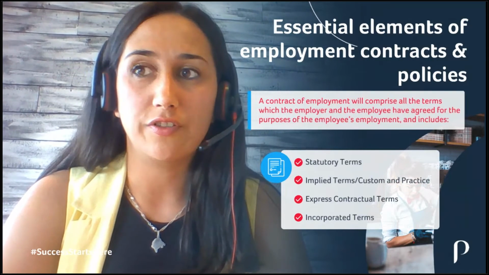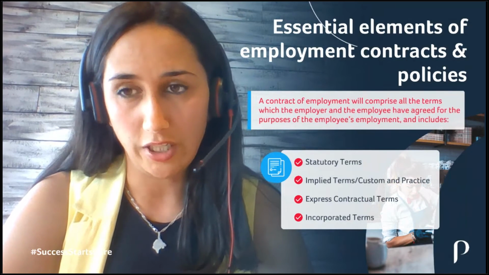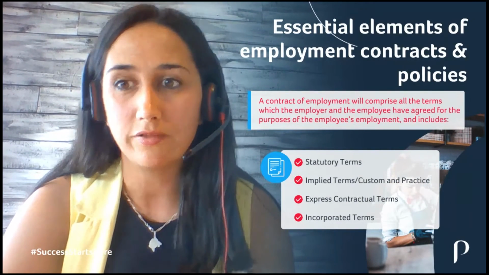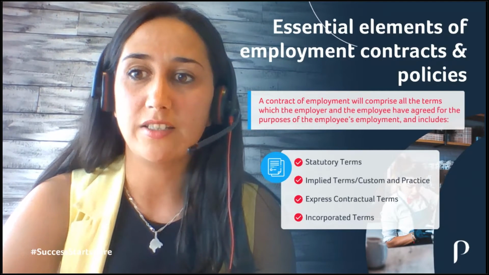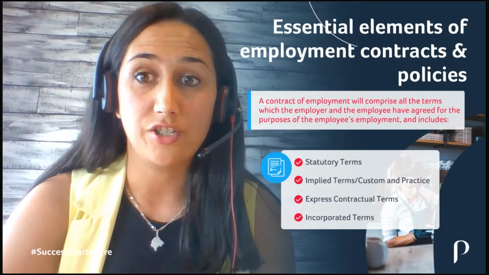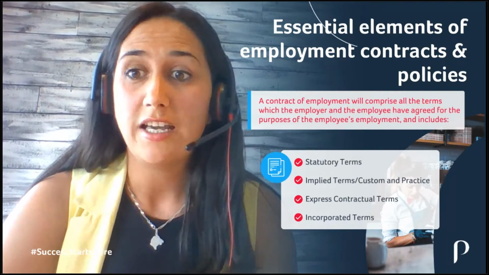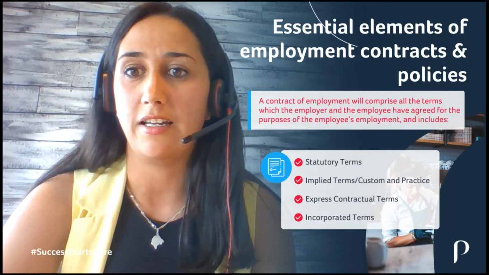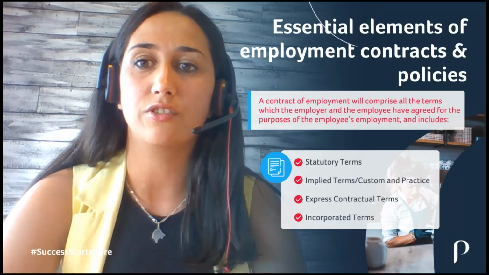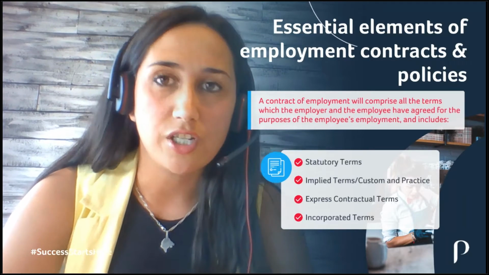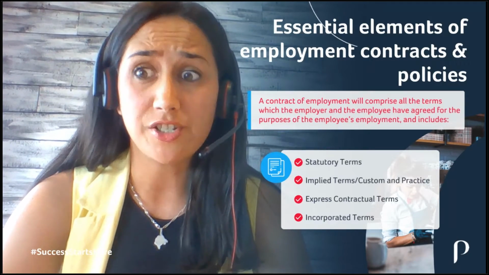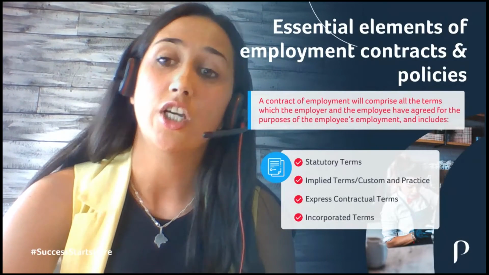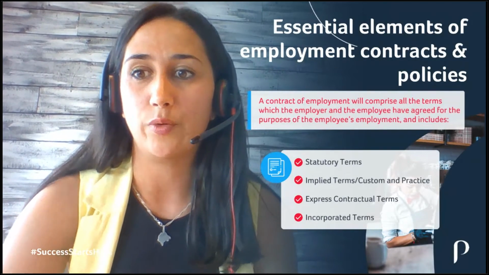These range from the full names of the employer and employee, the address or registered place of work, the title of the job, the day of commencement, the rate or calculation of the employee's remuneration, any terms and conditions relating to hours, any terms relating to paid leave, pension schemes, and the period of notice that the employee is required to give you, which you're also bound by, okay?